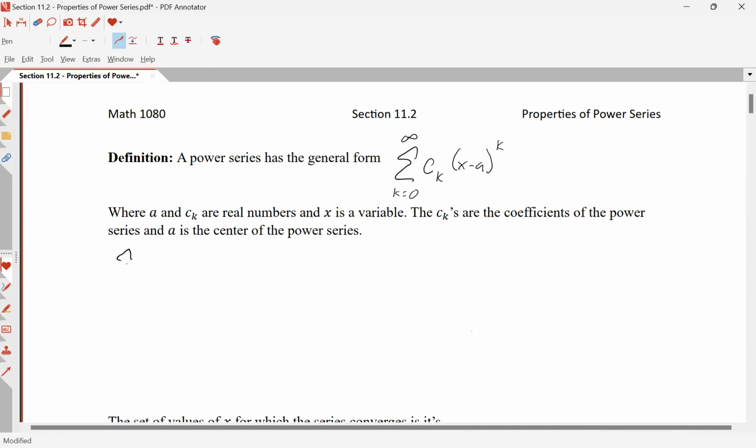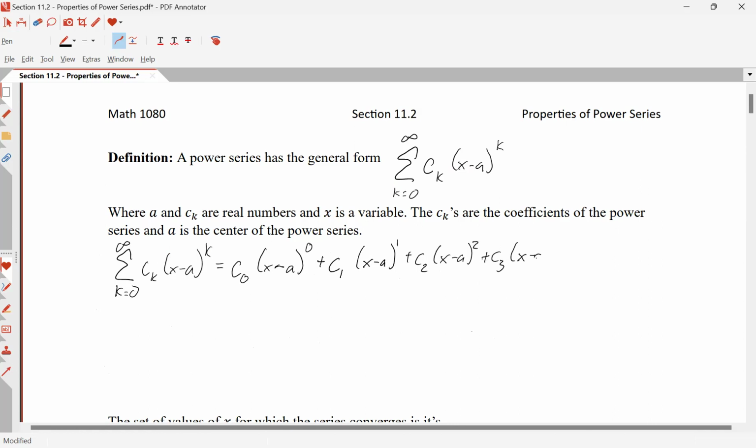Now, what this looks like if we write out a few terms is that we would have c sub 0 (x minus a) to the 0 plus c sub 1 (x minus a) to the first plus c sub 2 (x minus a) squared plus c sub 3 (x minus a) cubed, and so on.